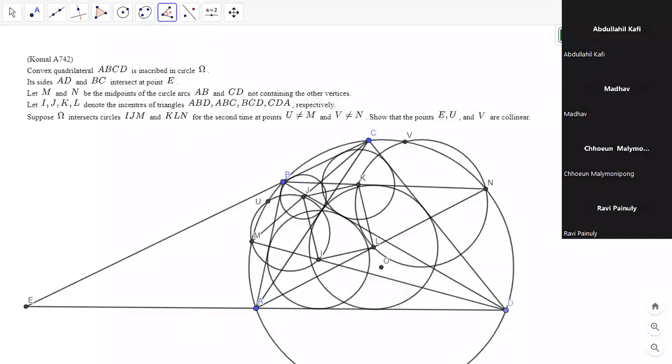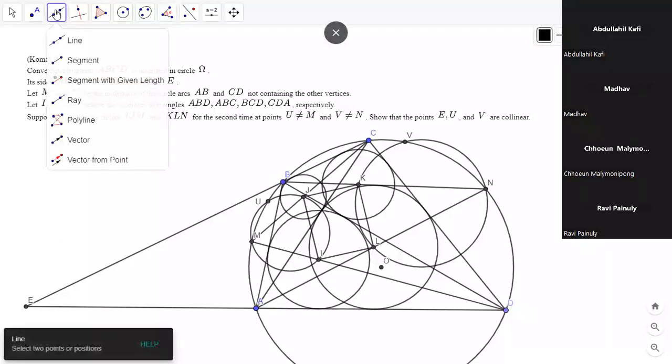So MIJ, that's like a circle, because BJIA is cyclic and M is the center. So it's like a circle through the center of a circle and two of the points on the circle. So yeah, actually MJI is isosceles for that reason. And NKL is isosceles. You guys probably knew that.